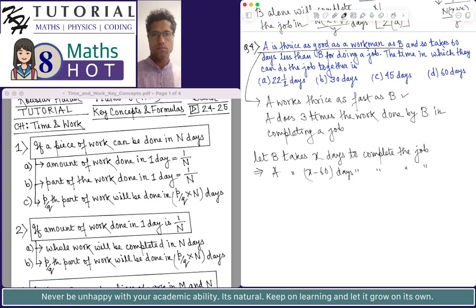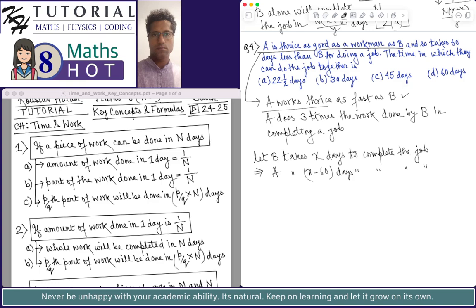But we also know that A will work thrice as fast as B, which means that whatever time B takes to complete the job, A will take 1/3 of that time.